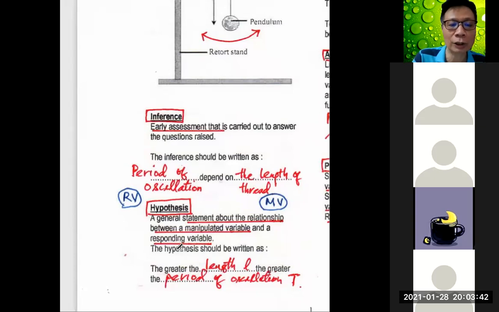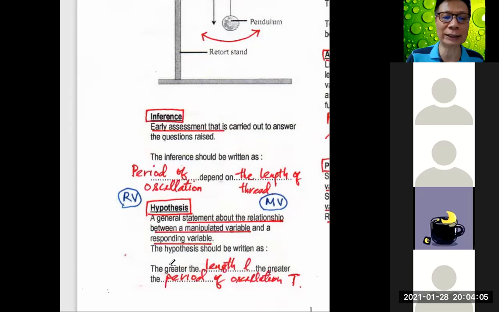The format to write a hypothesis is like this: the bigger this one, the smaller that; the smaller this one, the bigger that. So here we say the greater the length, the greater the periods of oscillation. That is the relationship.